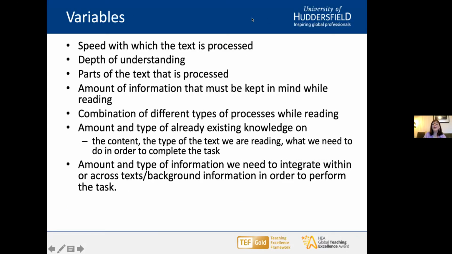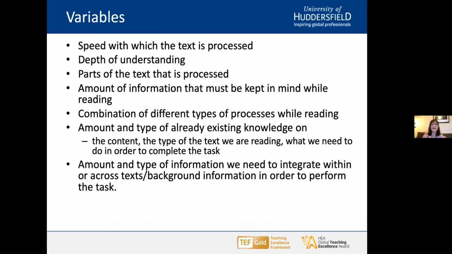Okay, so the things that we talked about are related to the speed with which we read, and the amount of comprehension we produced. In fact, the depth of understanding, how much of the text we understood, how much information we used, and whether the text was processed at an overall level, or certain parts were selected for processing.